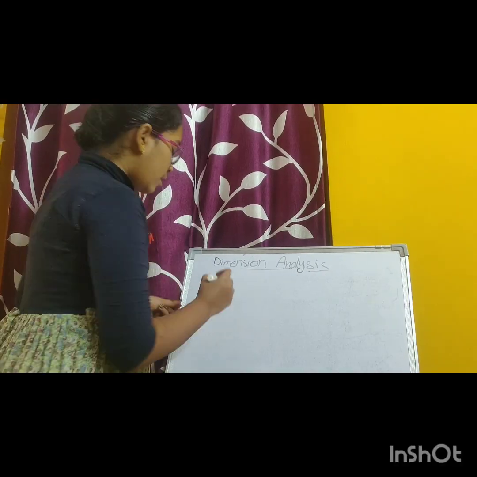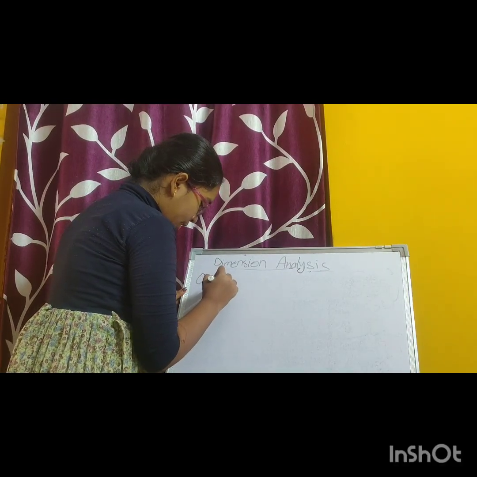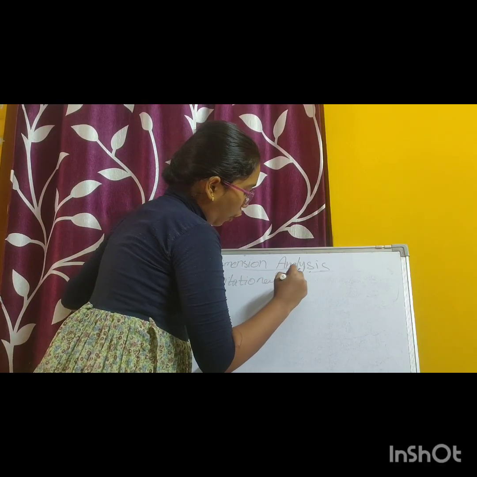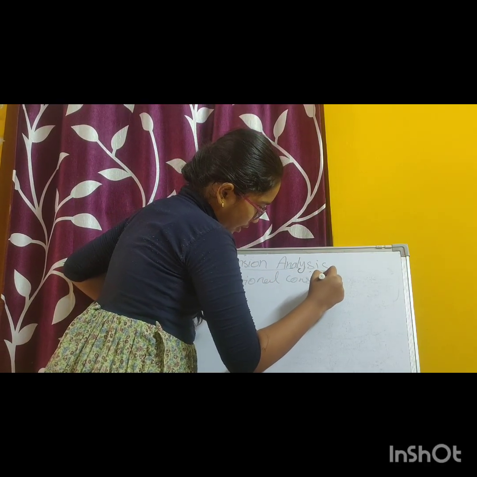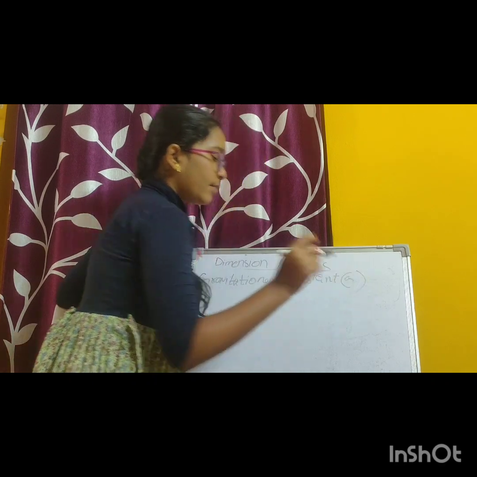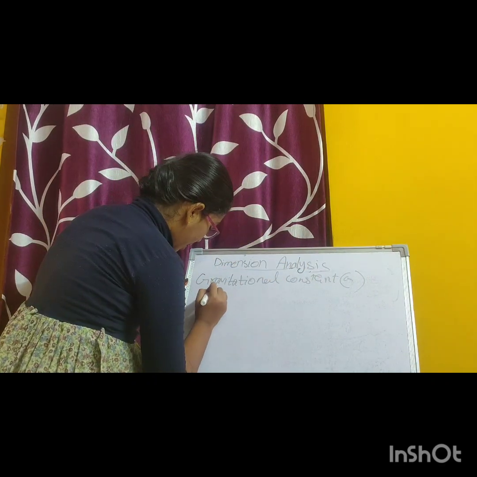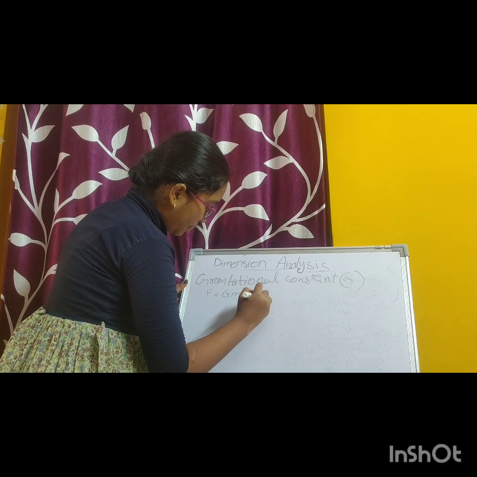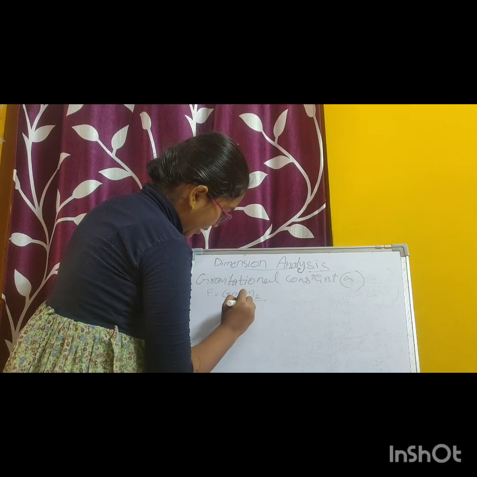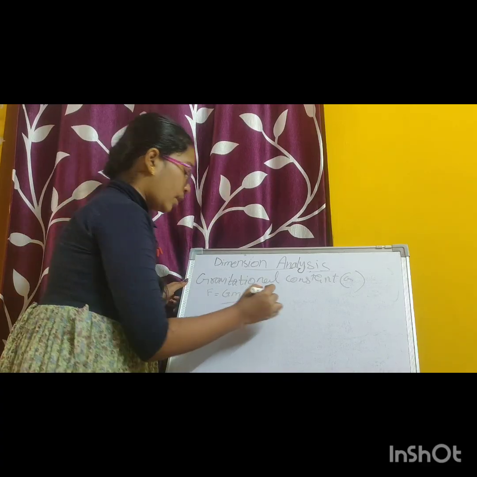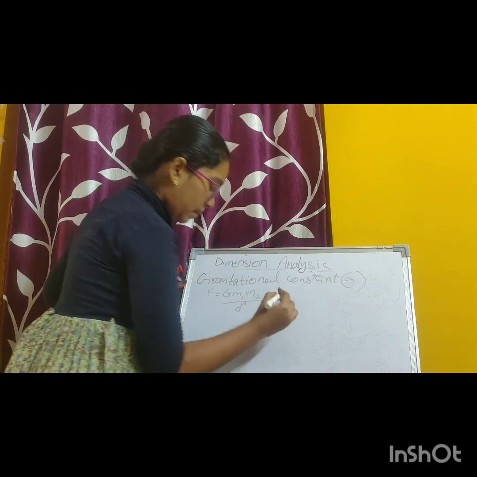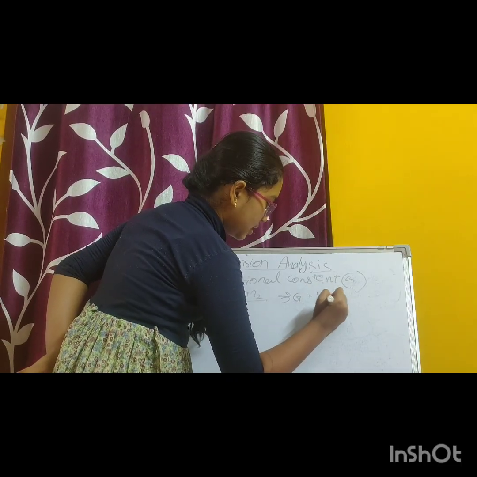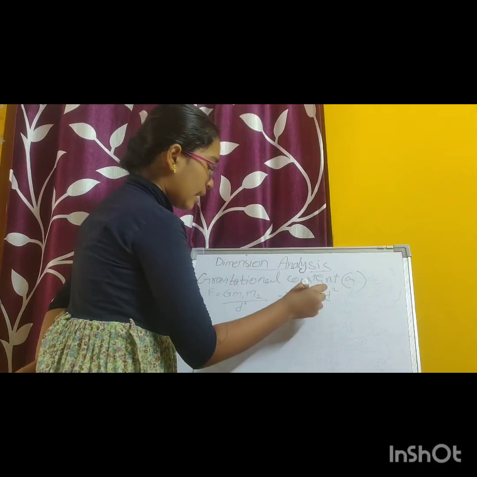Now we'll know about gravitational constant, which is G. We need to remember a formula, F is equal to G m1 m2 by distance square, which gives rise to another formula, G is equal to F d square by mass 1 into mass 2. D is distance, F is force.